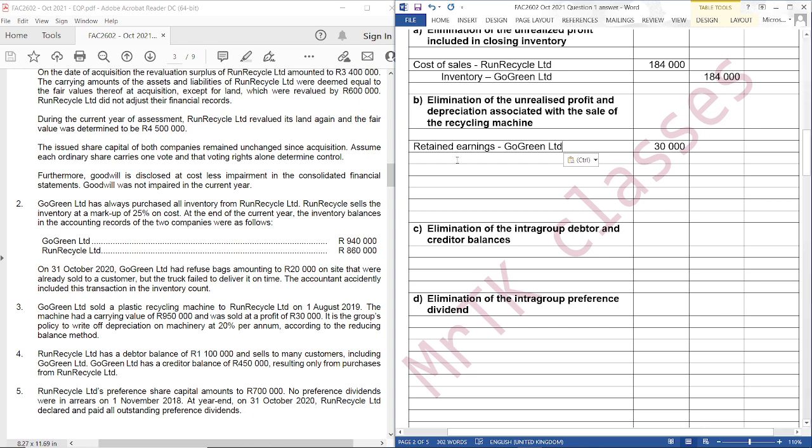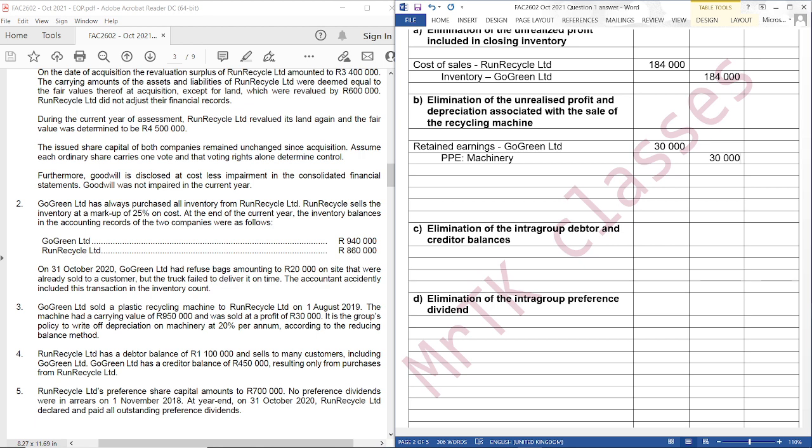Then what is the other leg? The other leg is property, plant and equipment, machinery, 30,000. Here we are saying our property, plant and equipment should not include this 30,000 because it is unrealized profit.